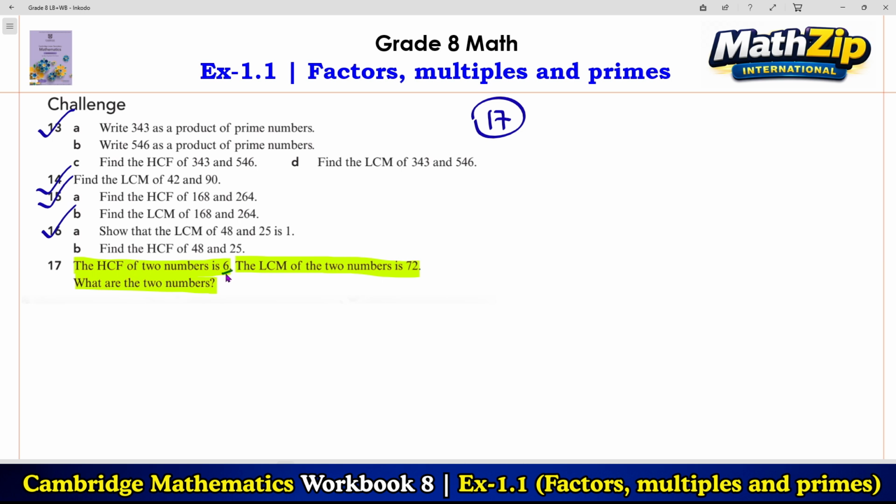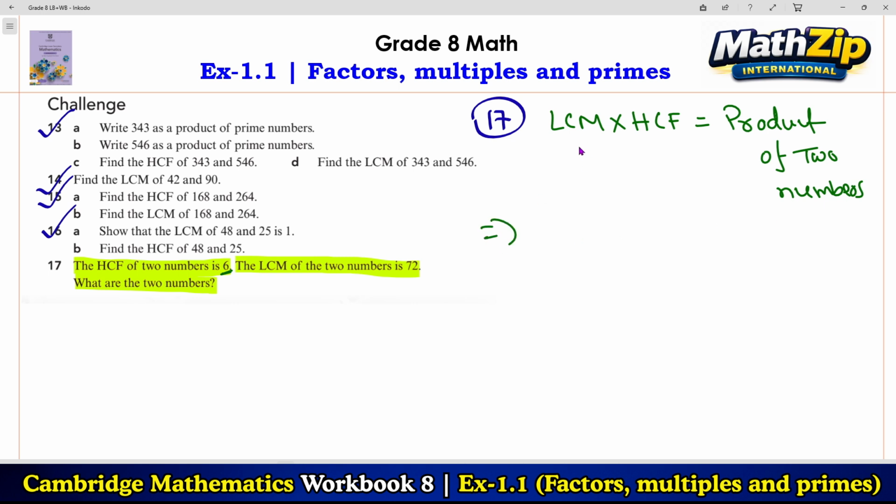The HCF of two numbers is 6, which means the numbers are divisible by 6. We know LCM times HCF equals the product of the two numbers.